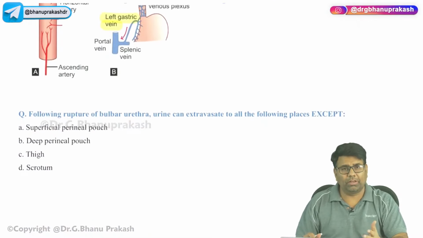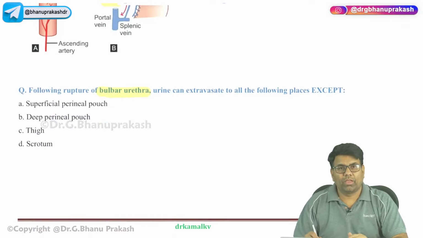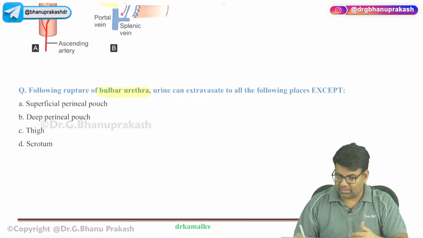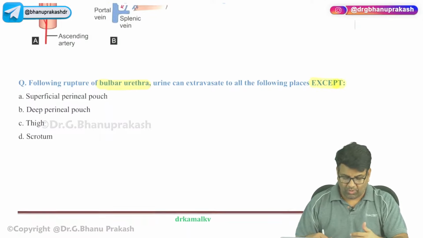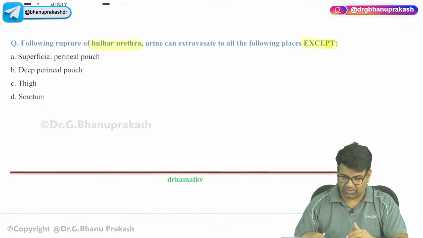Now again, a very important question: if there is rupture of the bulbar urethra, the urine can come out and extravasate to some areas. For this you need to understand the anatomy of the urethra and the surrounding structures.